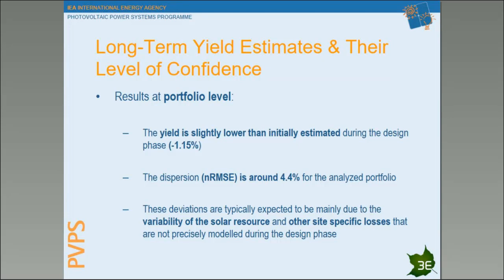We should not forget that, of course, the initial long-term yield estimate at the beginning of a PV plant was done using average solar resource of the last 20 or 30 years. So that means the first year will not necessarily be exactly the same. So there is this 4.4% margin in this case, and also other site-specific losses that are not precisely modeled during the design.